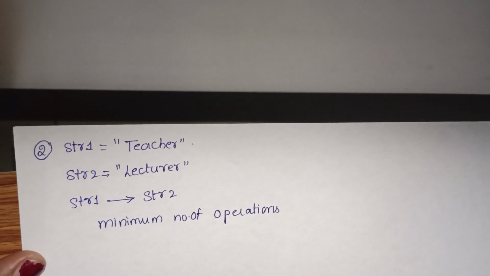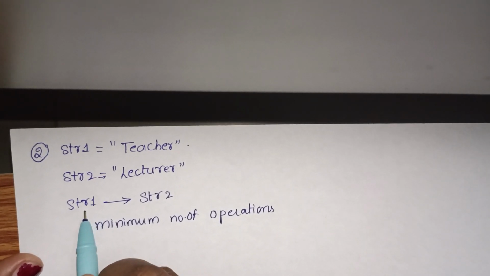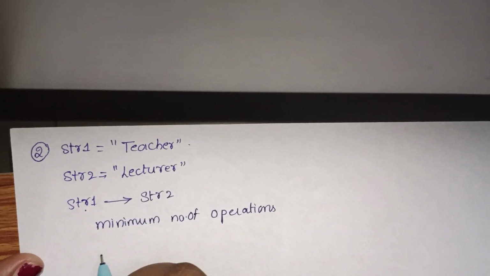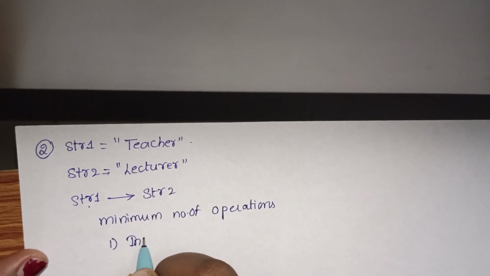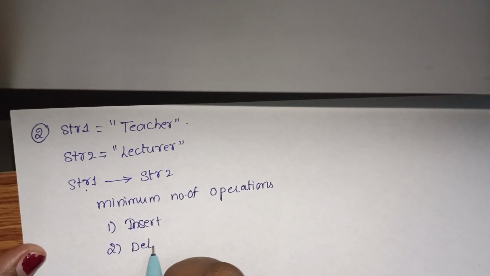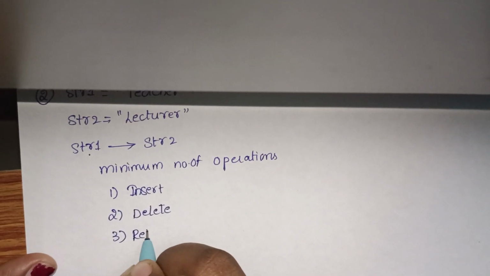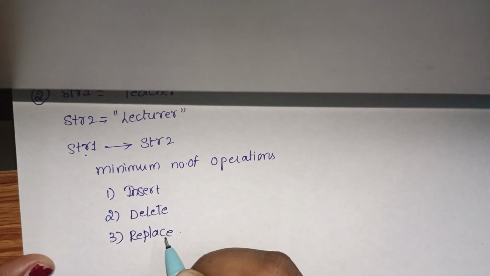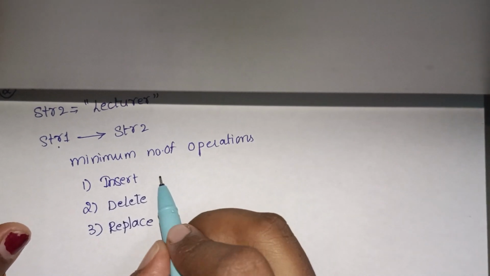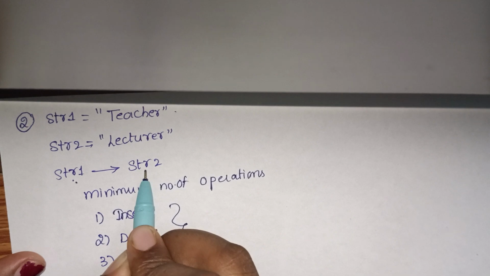As we all know, the operations which can be performed to transform string 1 to string 2 are insert, delete and replace. So now with these operations we have to transform string 1 to string 2.